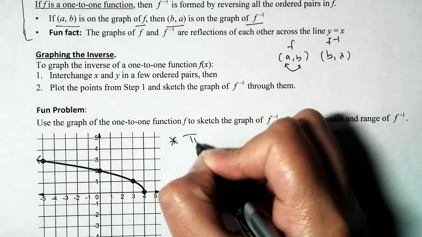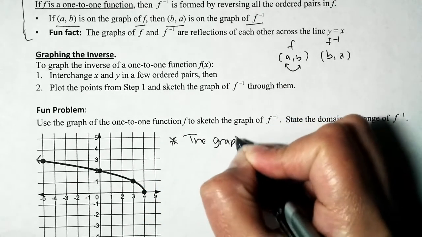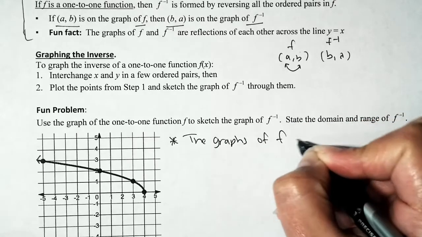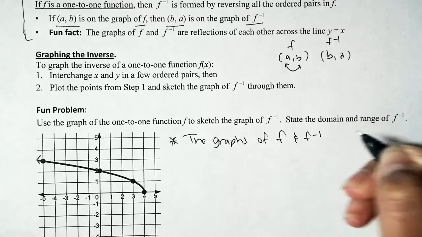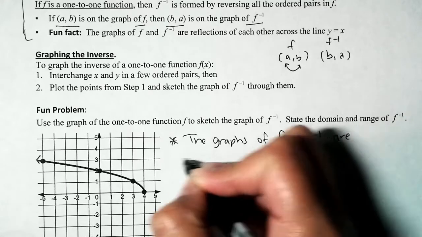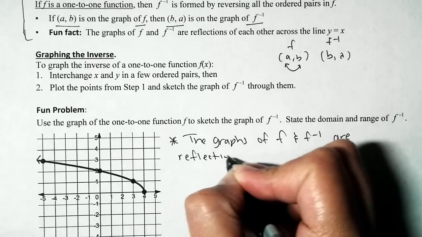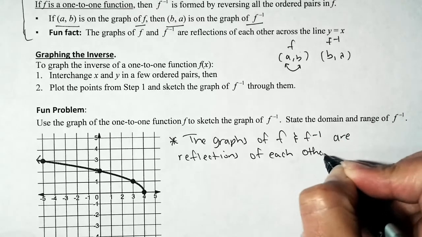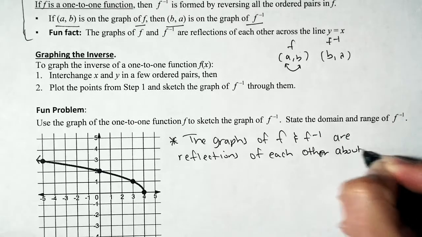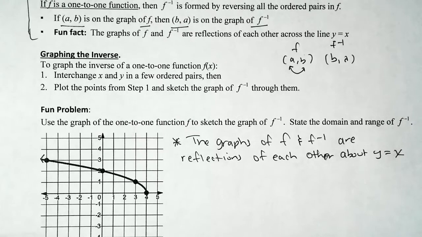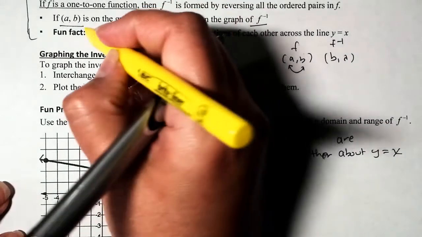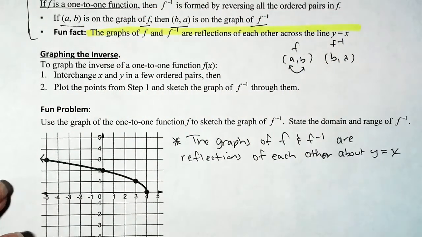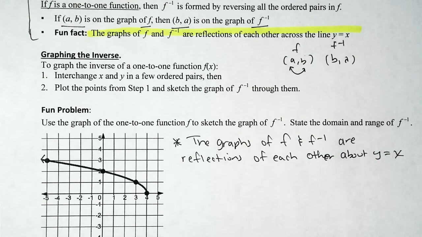The graphs of f and f inverse are reflections of each other about y equals x. Cool. And we could have saved all that ink if I had just highlighted what we talked about in an earlier unit.